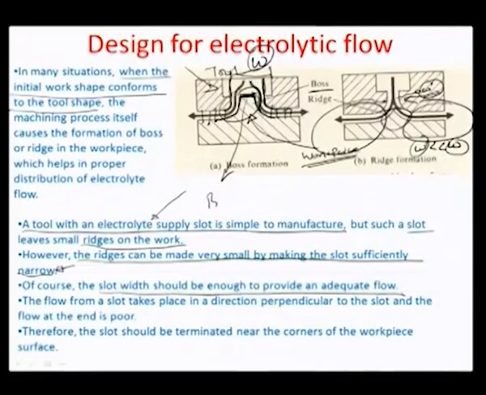So, the flow from a slot typically takes place in a direction perpendicular to the slot, and the flow at the end is poor. So, the velocity of the flow is highest here where it is emanating out, and the velocity here is comparatively lesser because there is a frictional effect between this point and this point. Okay. So, that is another issue, that the flow is different in terms of velocity as it goes away from the workpiece zone.